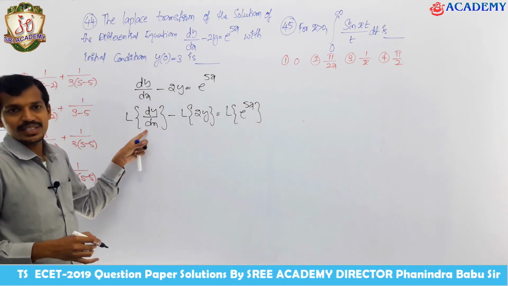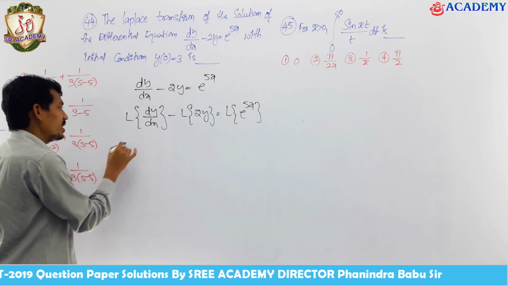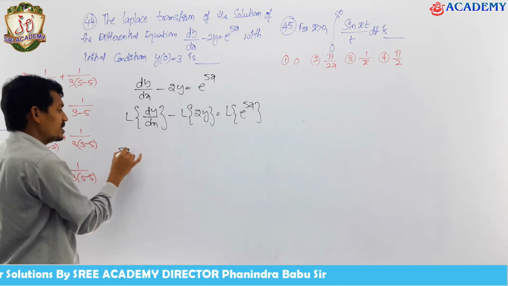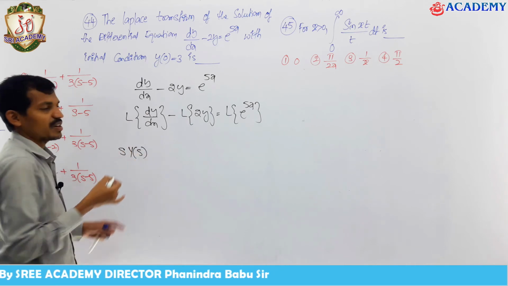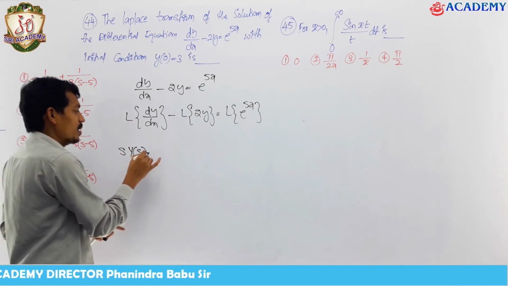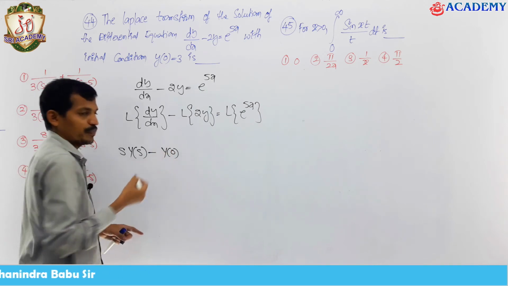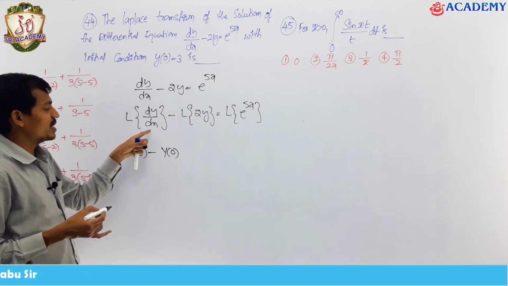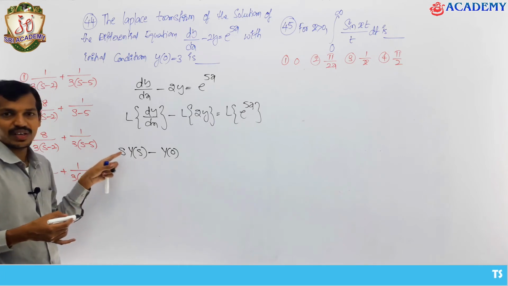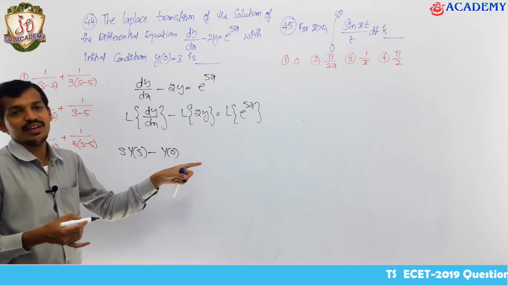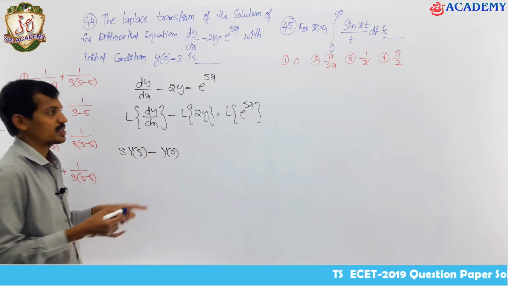The Laplace of a derivative is nothing but s into Y of s minus y of 0, where Y of s is the Laplace transform of y. For example, d square y by dx square means s square into Y of s minus s into y of 0 minus y dash of 0, and you get the initial conditions based upon that.